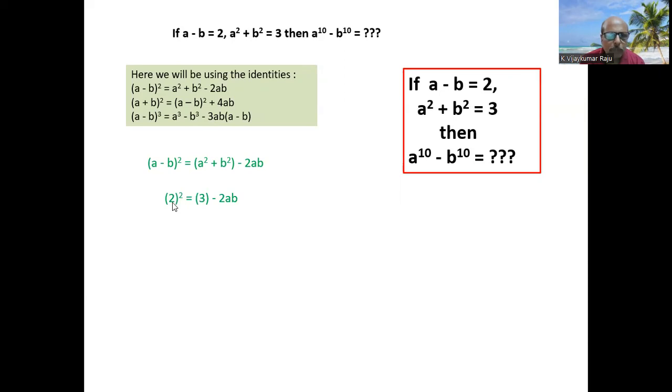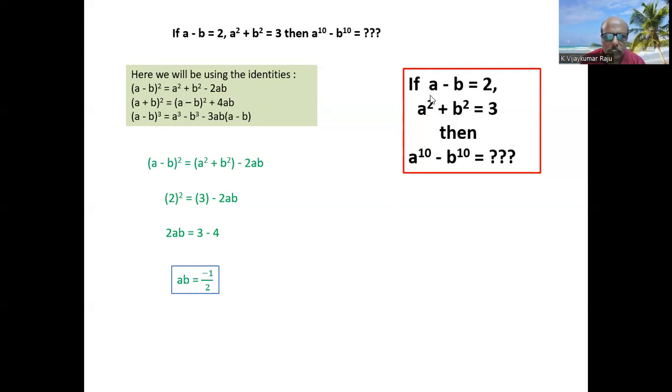It becomes 2 square is equal to 3 minus 2ab. 2 square is 4, so take 2ab to this side and 4 to the other side, it becomes minus 4. 3 minus 4 is minus 1 upon 2. So ab is minus 1 upon 2.